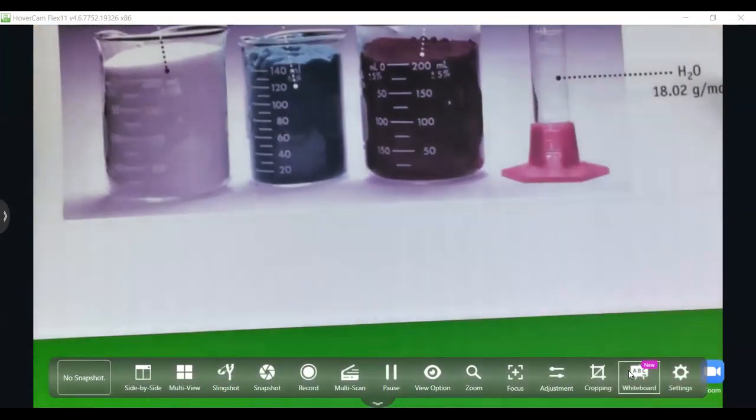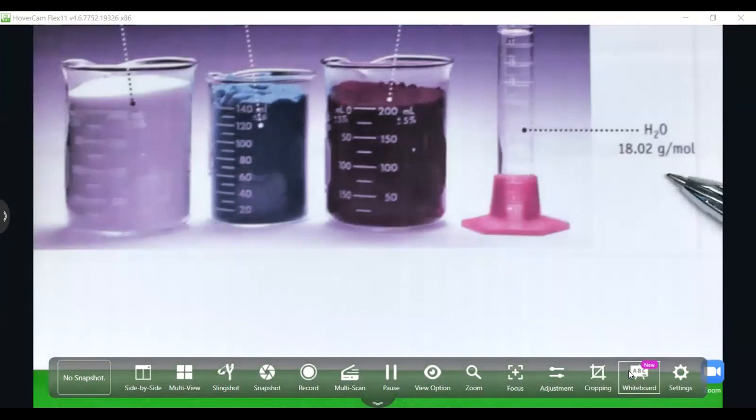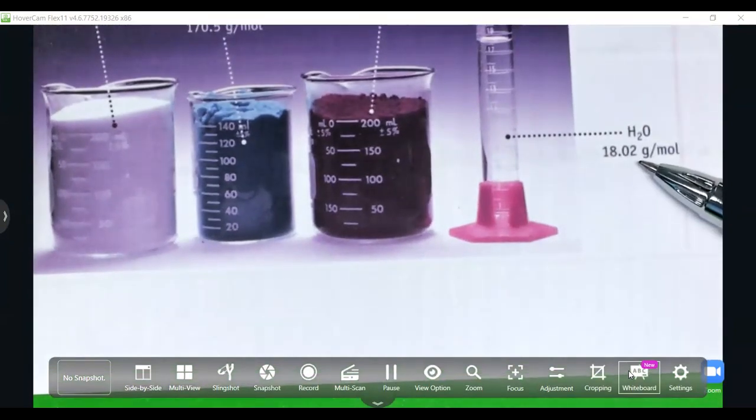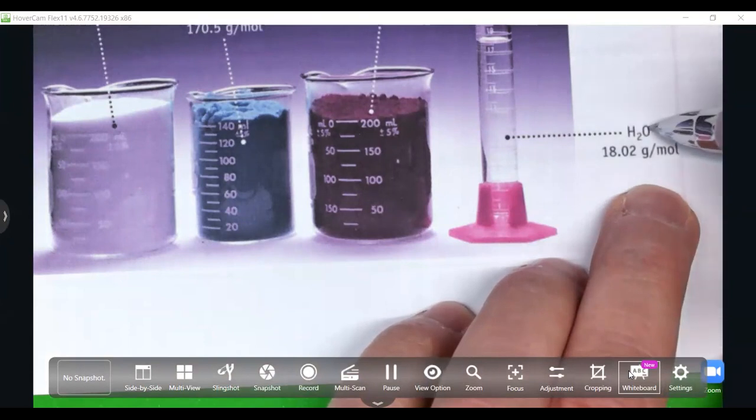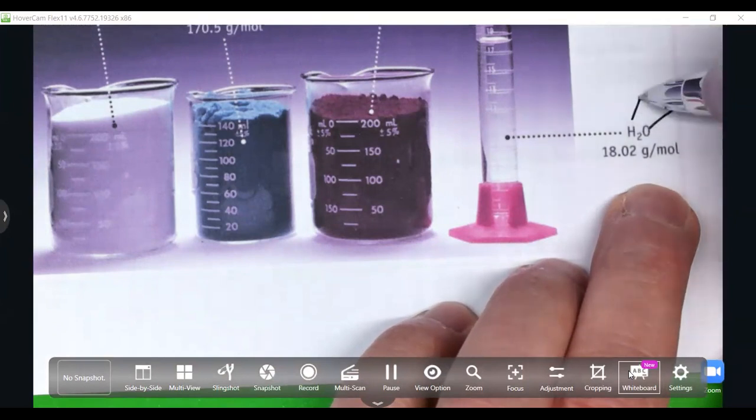if we have a mole of water, H2O, it's 18.02 grams. And where do we get that? We get that because oxygen is 15.9994, and hydrogen is 1.00794.